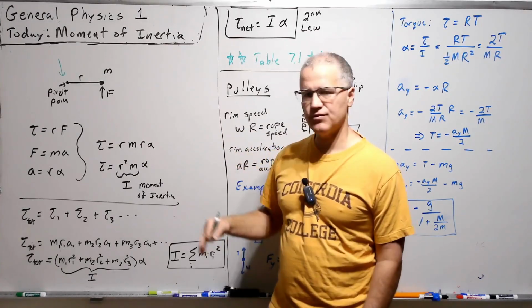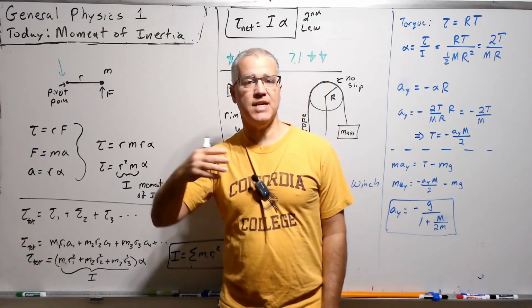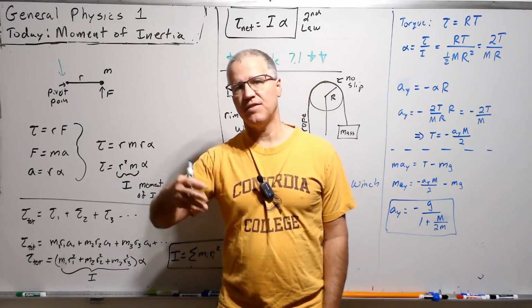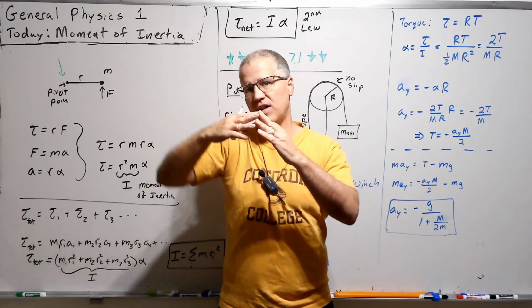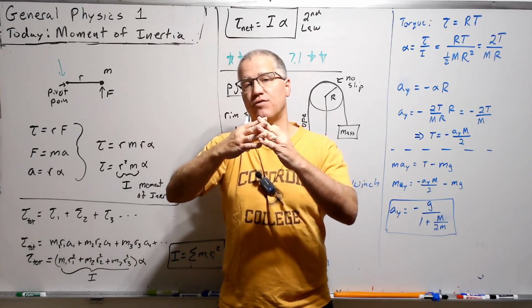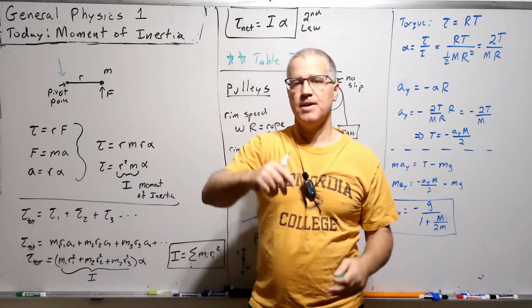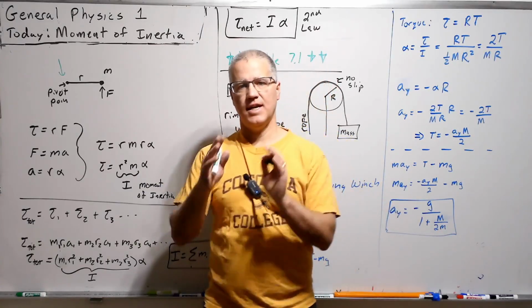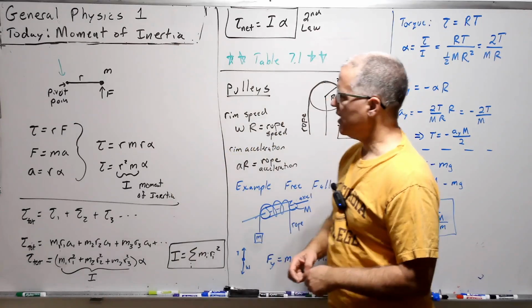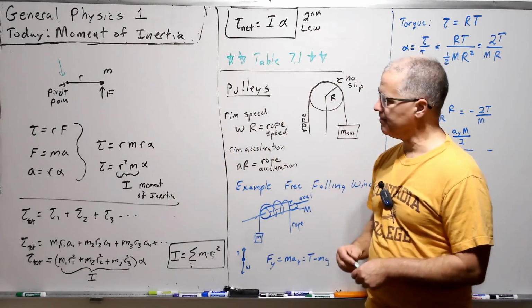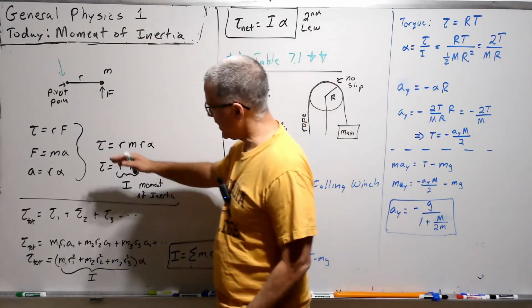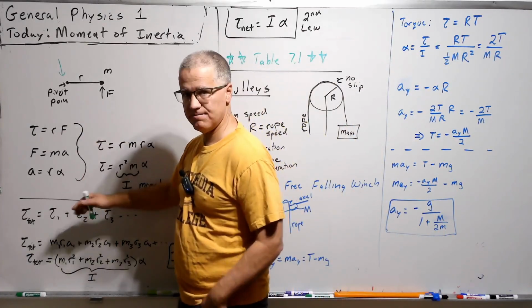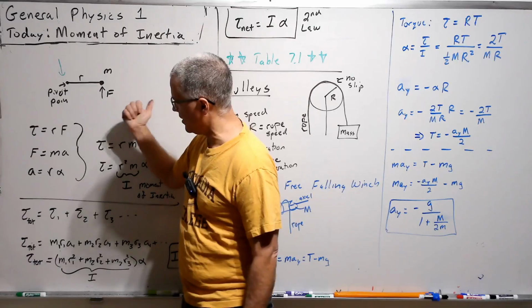There may be work you have to do at the beginning of a problem to determine that your force isn't quite at the right angle. I need to find the component of the force that is causing the torque. So we're going to assume that's all done, and we're working now with only the force that's supplying the rotation. Okay, let's pull our equations from what we saw just a moment ago.